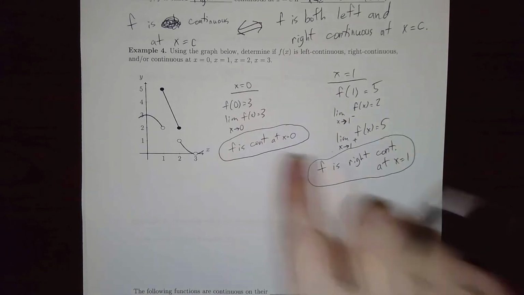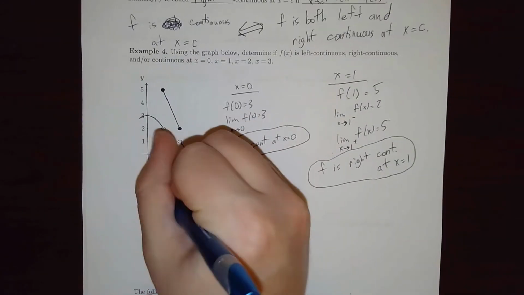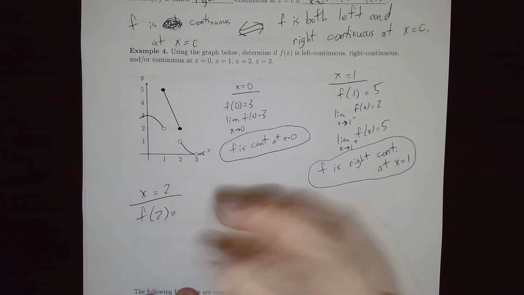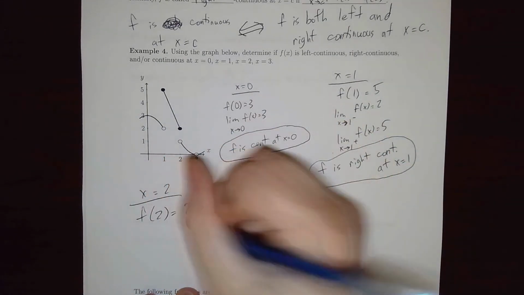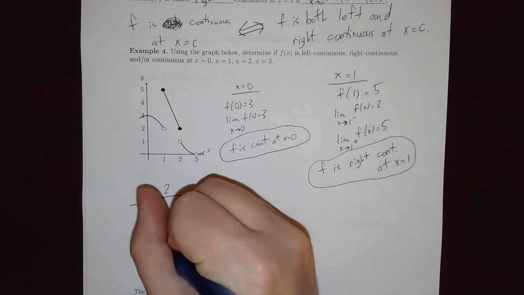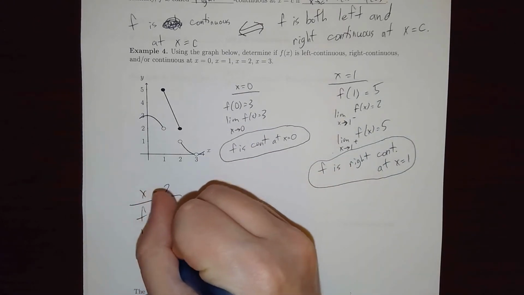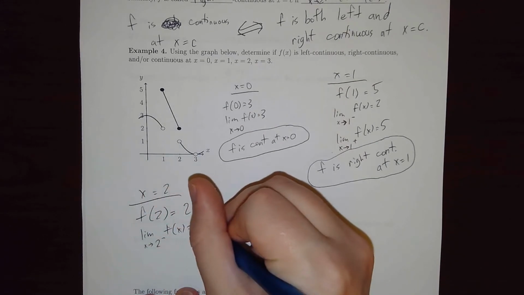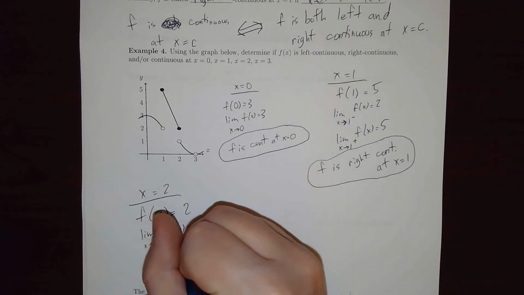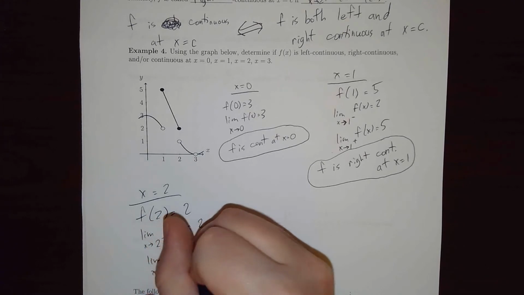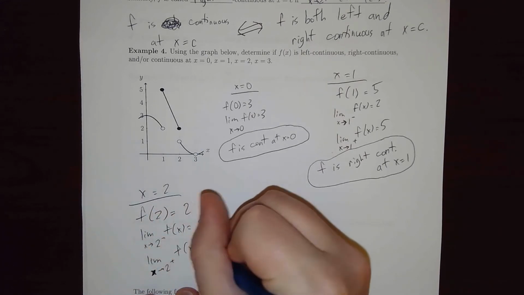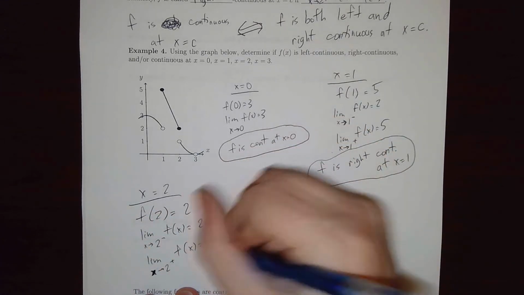Okay, so now let's take a look at x equals 2. Here, f of 2 is going to be 2. The limit as x approaches 2 from the left of f of x is 2, but the limit as x approaches 2 from the right of f of x is 1.